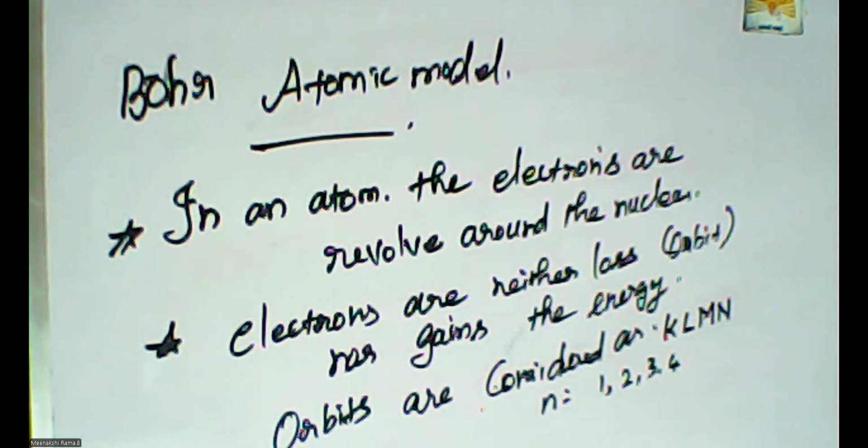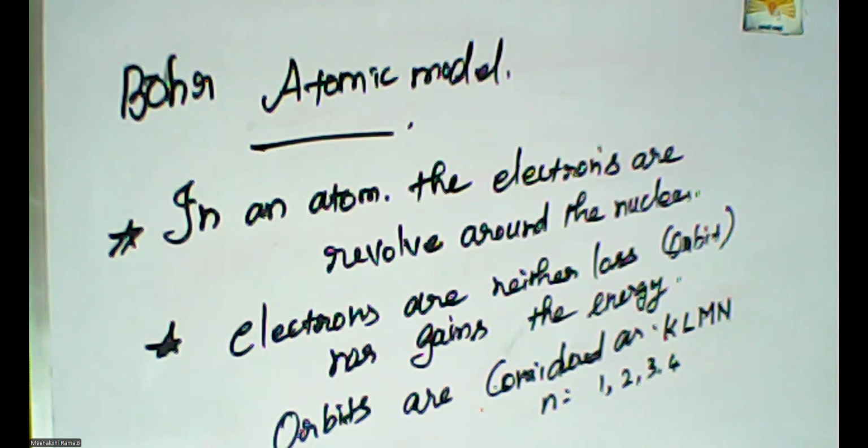K means the level number is 1, L represents level 2, M means the number is 3, and N is 4. So the energy level is increased.